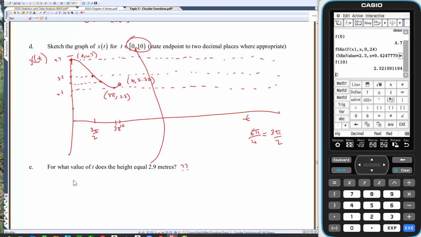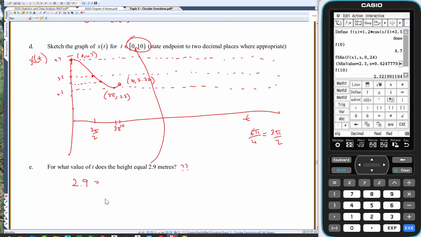So what we're going to do is jump on the calc and solve this and see where the question might be heading. So 2.9 equals, what's the function again? 1.2 cosine t on 3 plus 3.5. So I wonder whether that will generate an exact value.